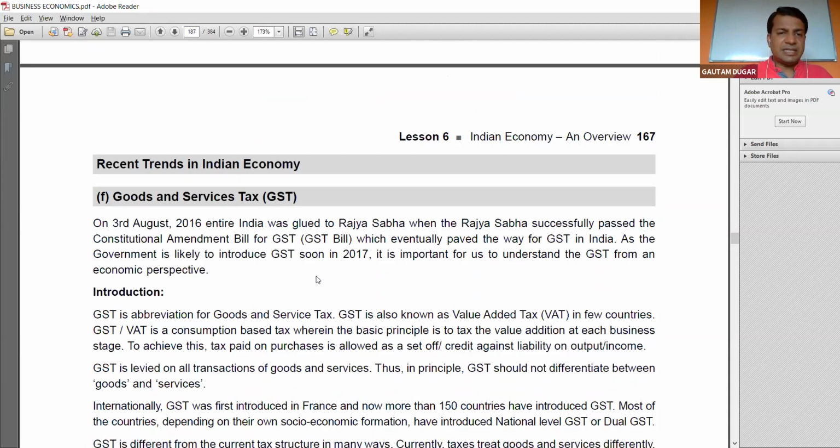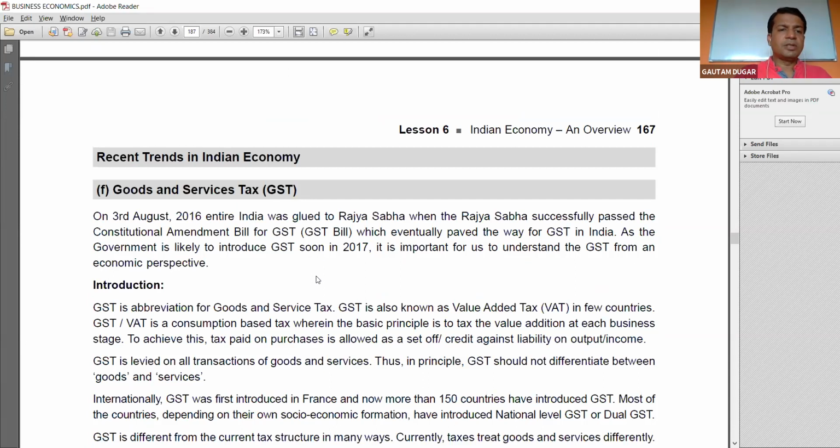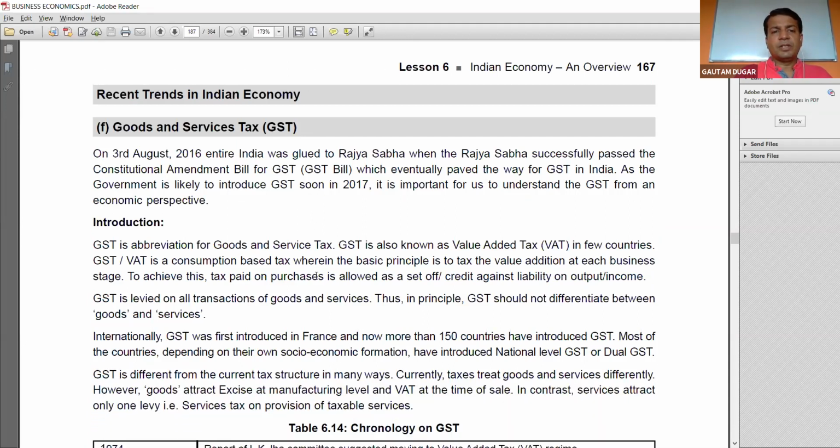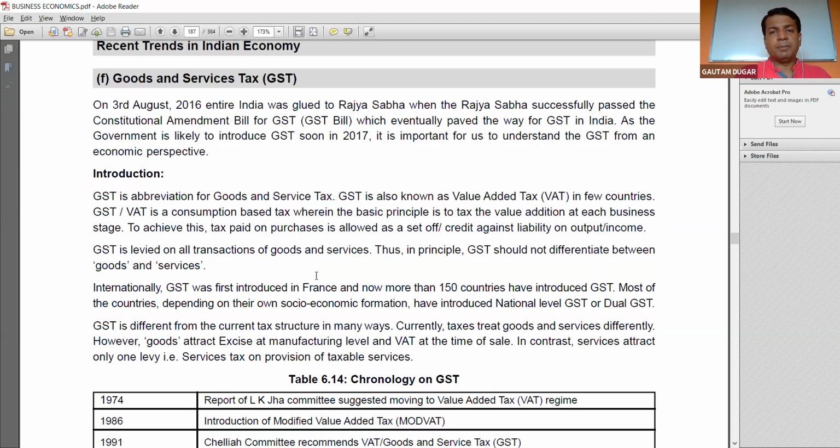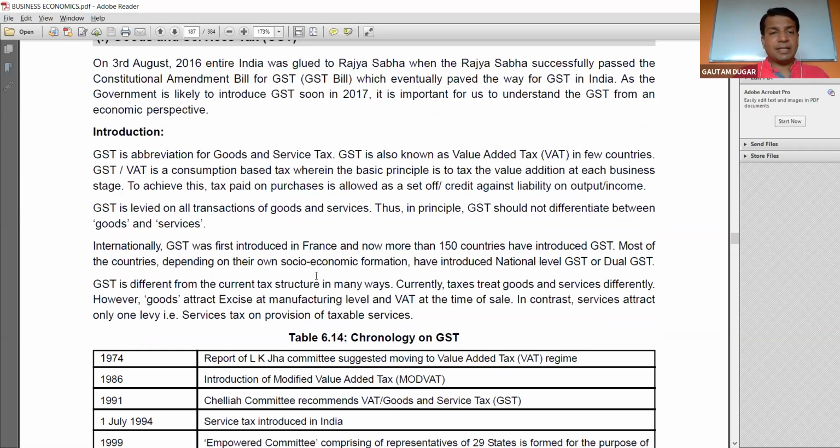Then GST was introduced in India in 2017. Goods and Services Tax is a consumption-based tax, remember, or we call it a destination-based tax. In GST, there is no difference between goods and services.